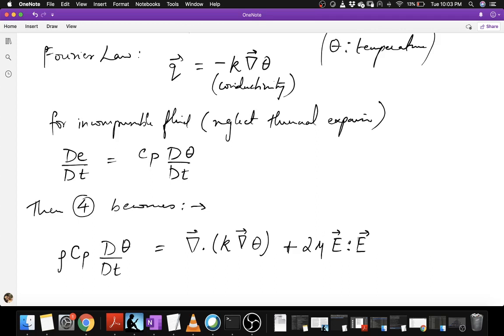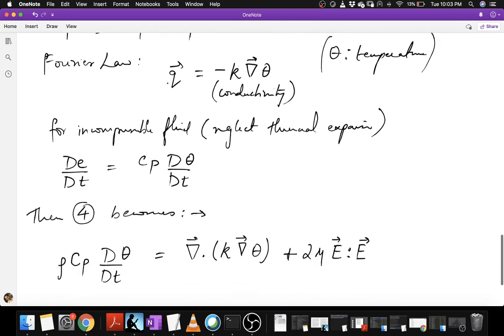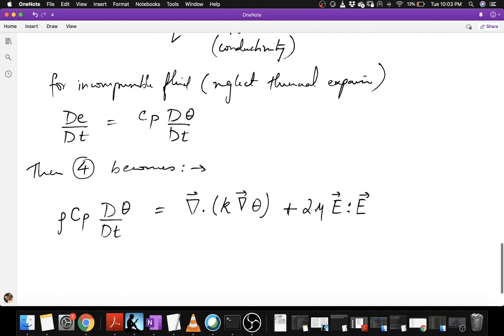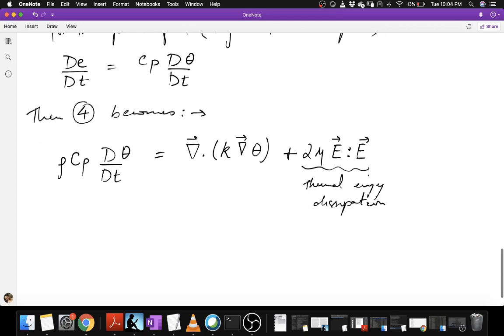Pressure forces cannot generate heat if the fluid is incompressible, although it can happen if it were compressible. On the other hand, viscous forces can generate heat, and that is what we call heat dissipation due to viscous forces, and that is this term here. So this is thermal energy dissipation or heat dissipation. We'll have more to say about this term in a moment.